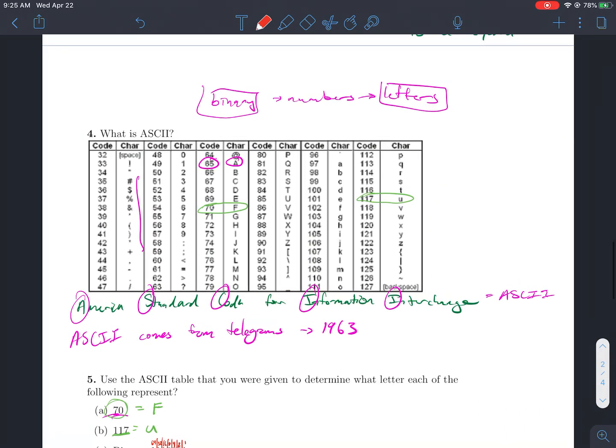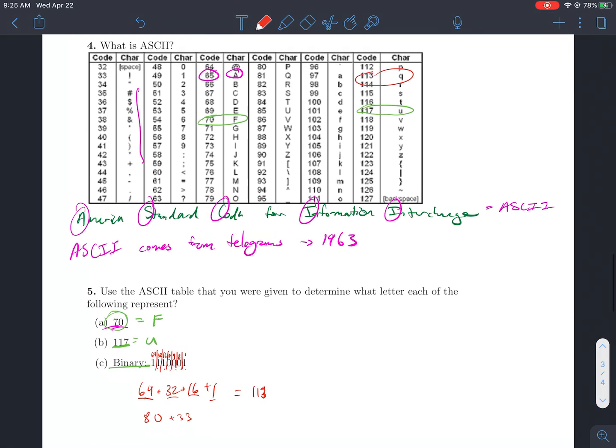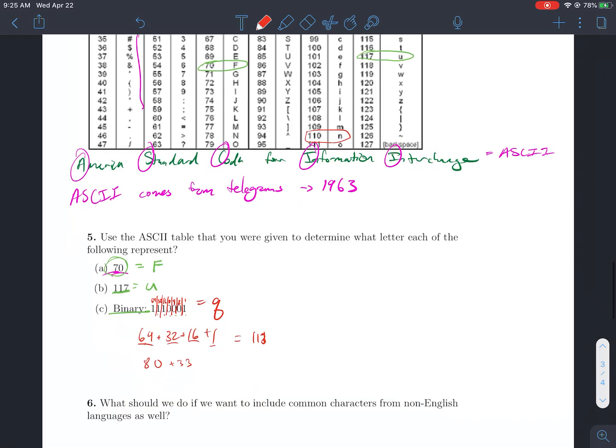All right, so let's see what letter that is. 113 is a Q. I think I was trying to get an N to make it fun, but I guess I put the wrong characters here. So this is a system for translating between binary and ASCII.